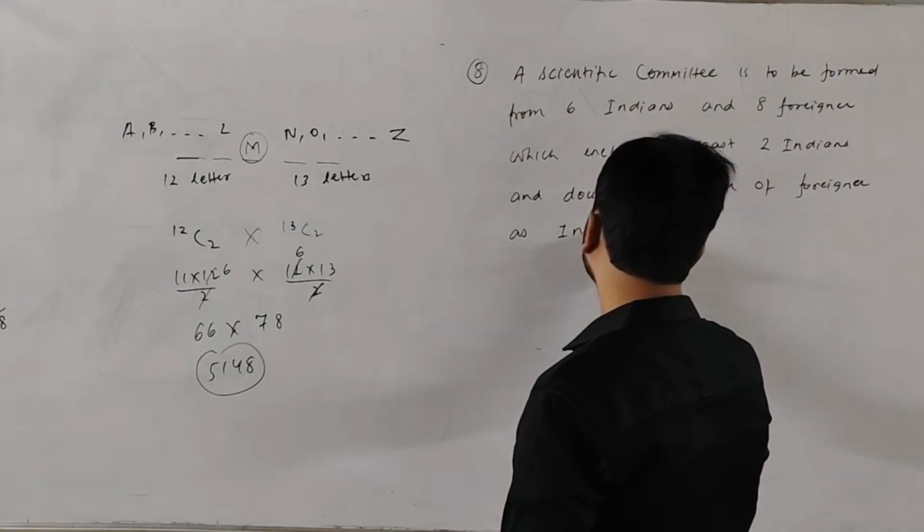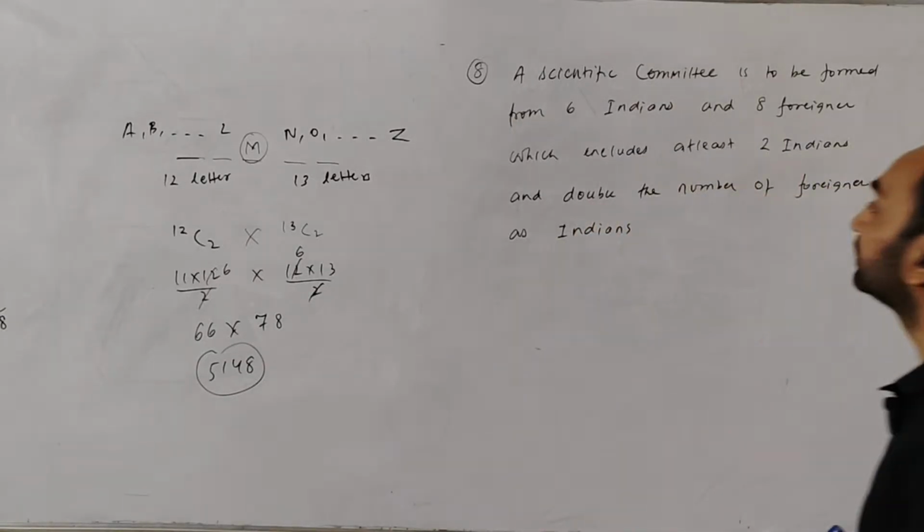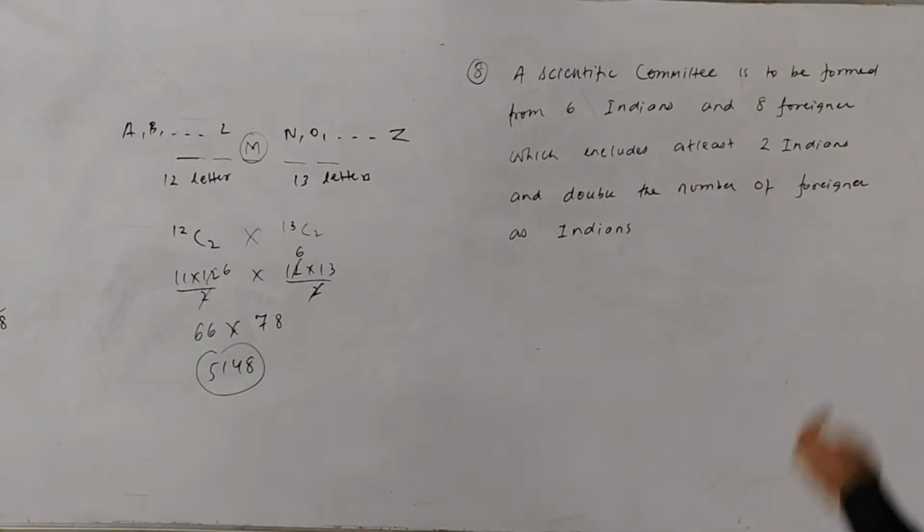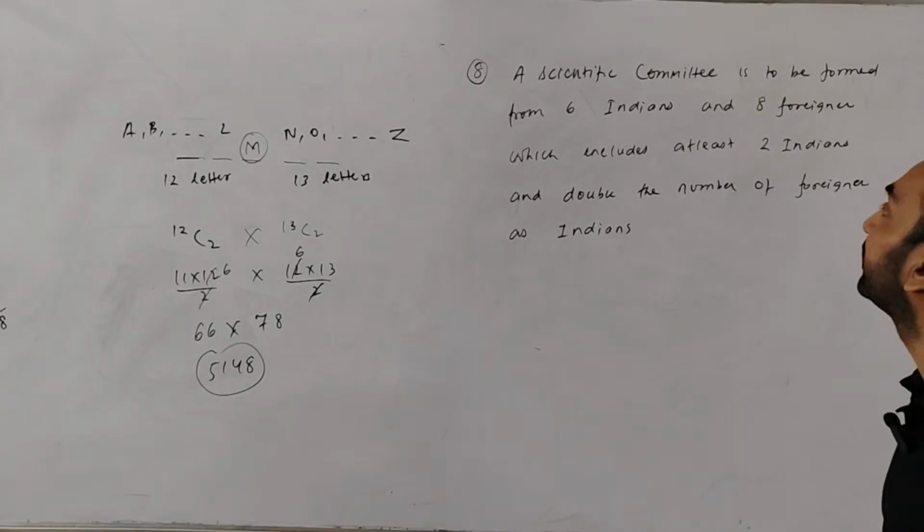So the number of foreigners should be twice the Indians, and the condition is given that minimum 2 Indians should be there in that scientific committee.